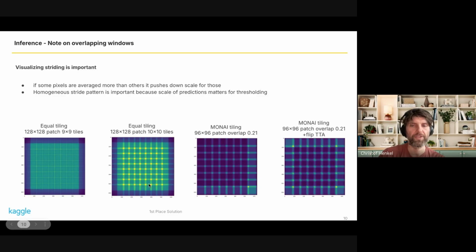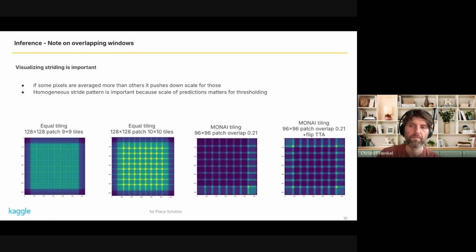Whereas in this image, or even in those images, the pixels in those regions which are really, really yellow have a lot of predictions and are averaged more often at the end of the day. The overall predictions are less homogeneous and then less accurate at the end of the day.